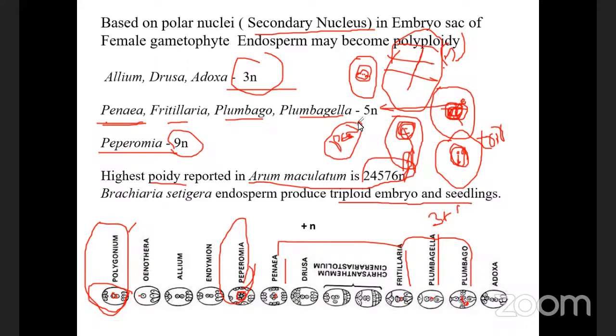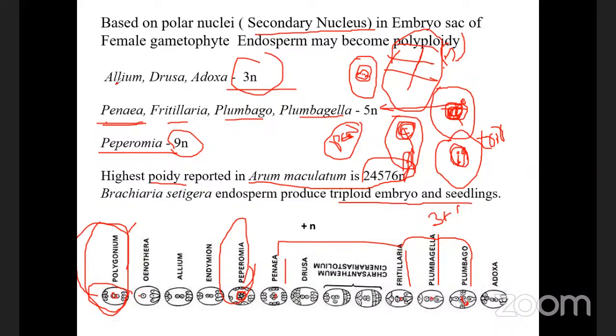That is why in gymnosperms endosperm is haploid, whereas in the majority of angiosperms endosperm is triploid. The common type of embryo sac is the polygonum type. In the 7 cells, 8 nuclei are there. Of these, 2 are polar nuclei that fuse with the second male gamete, forming the triploid nucleus.